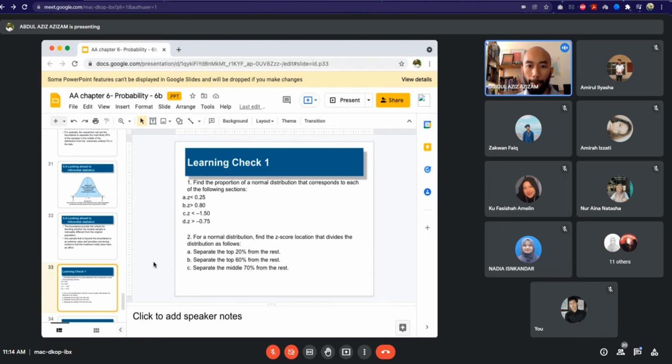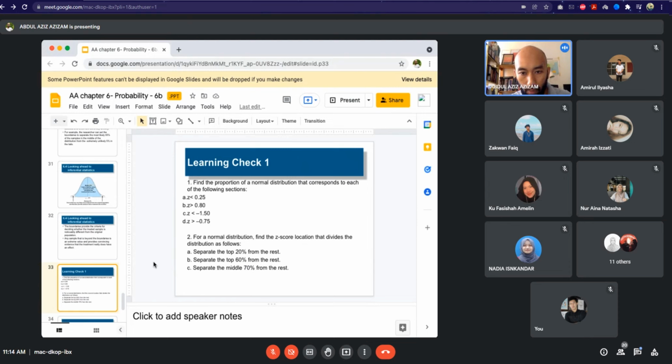So, learning check 1. Find the proportion of normal distributions that correspond to each of the following sections. Okay, Z greater than 2.25. Berapa dia punya proportion dia? Sorry, proportion pula.